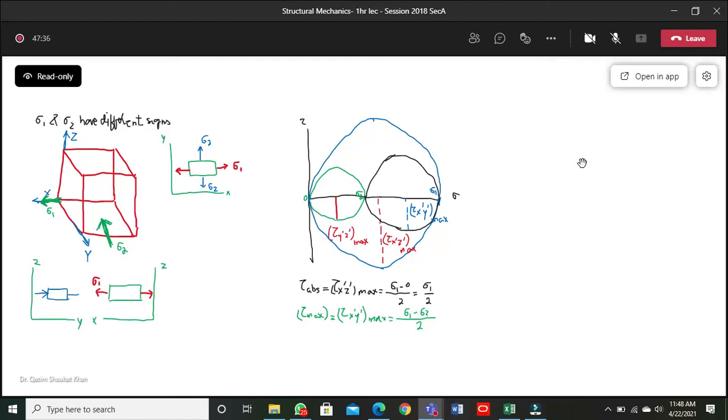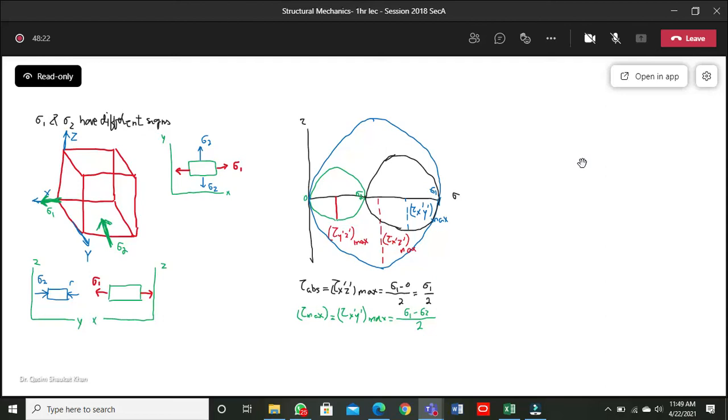This will result in a reduction. Similarly, here I have to change the sign. Is this figure clear?